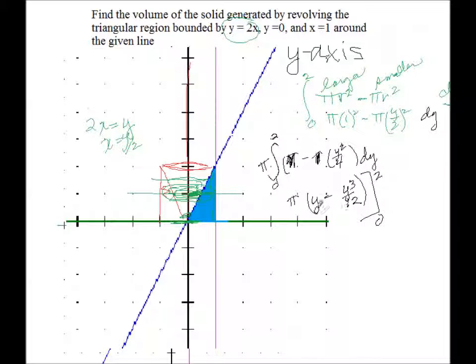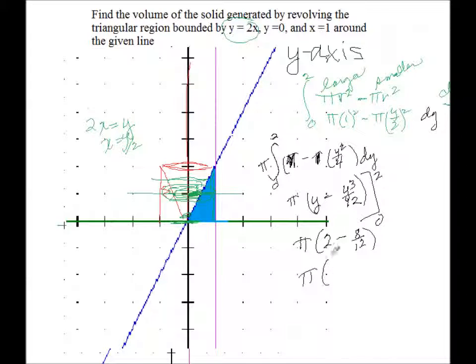At 0, the lower bound is 0, so we only have to calculate this at the upper bound. It looks like it's going to be pi times 2 minus 8 twelfths, which would be 2/3. Is that right?